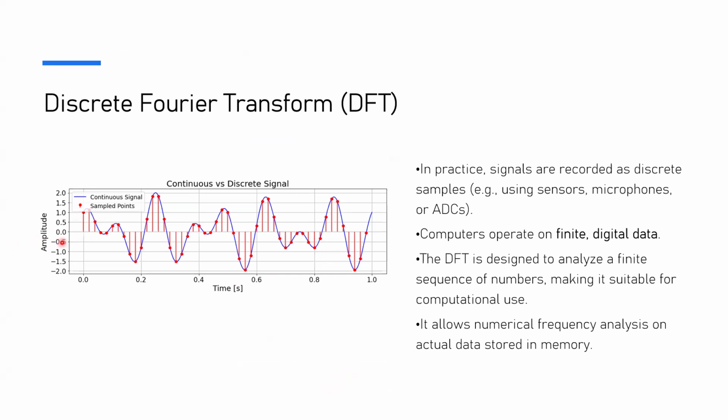So here in this figure, you can see some continuous signal in blue. If we try to record this signal using some electronic device, we are not able to record the whole signal as it is. Instead, we can record some samples of the signal.